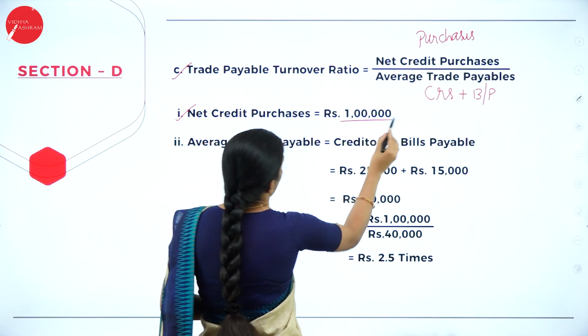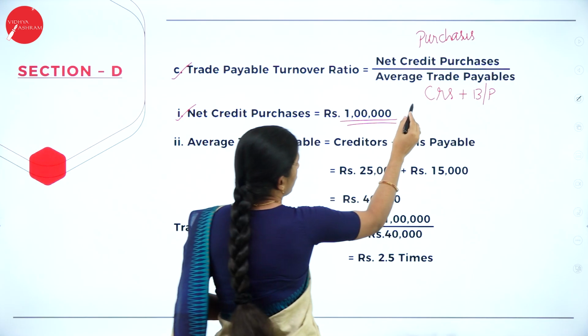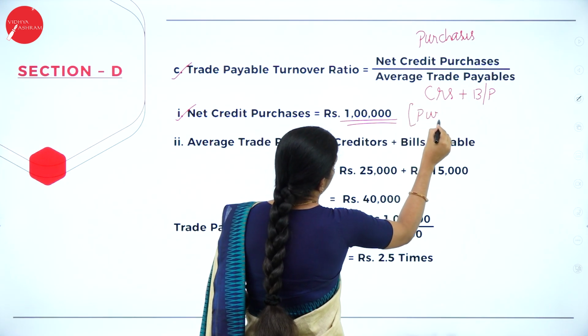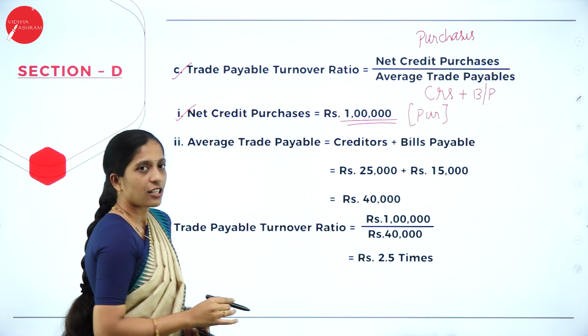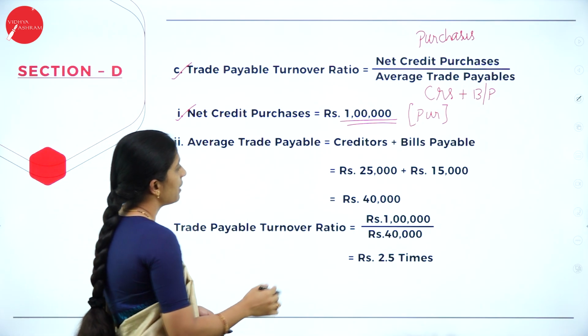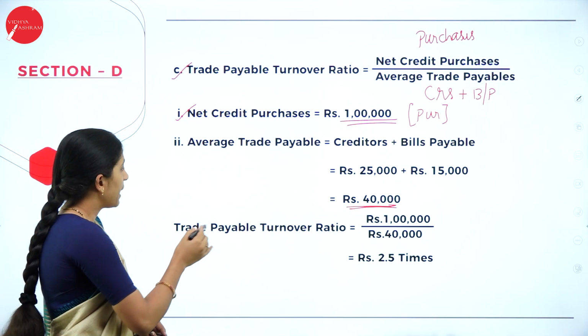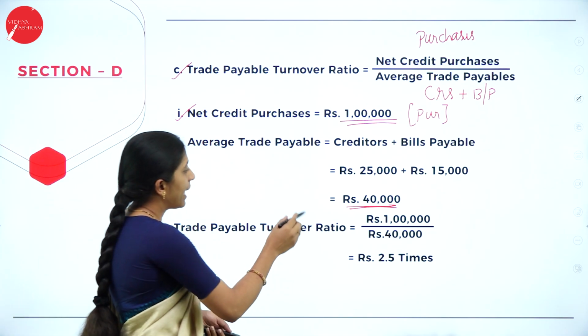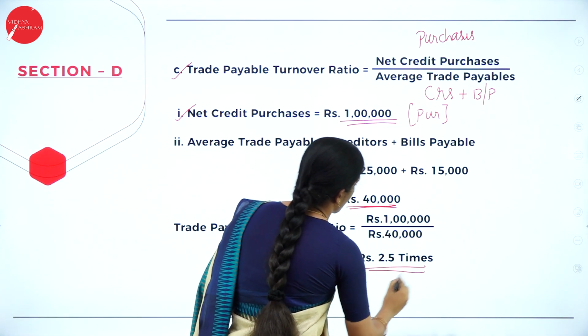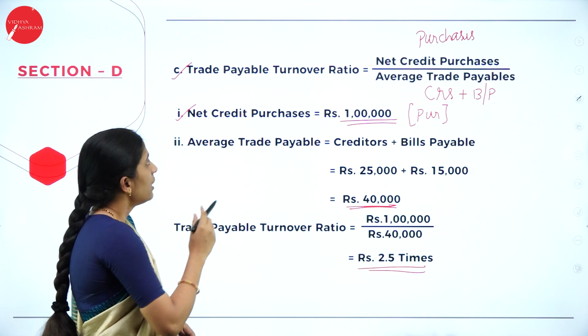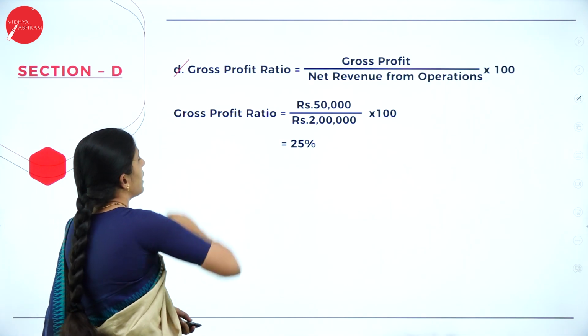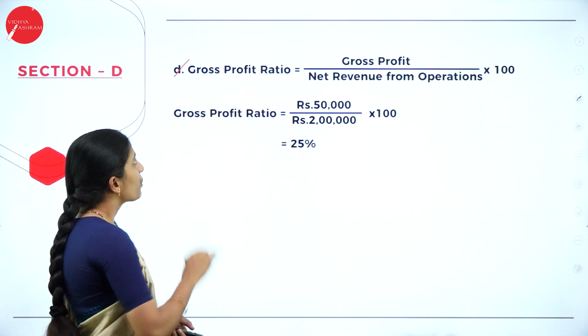Net credit purchase is 1 lakh, that is nothing but your purchases. Average trade payable is equal to creditors plus bills payable, so overall it is 40,000. Now apply the formula. Trade payable turnover ratio is equal to 1 lakh divided by 40,000. That is 2.5 times.